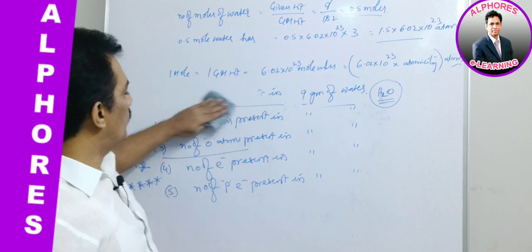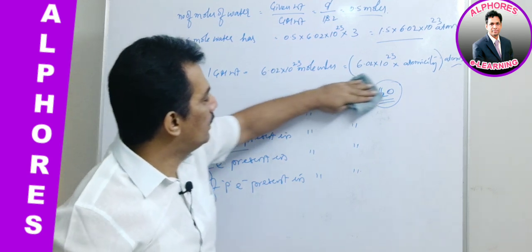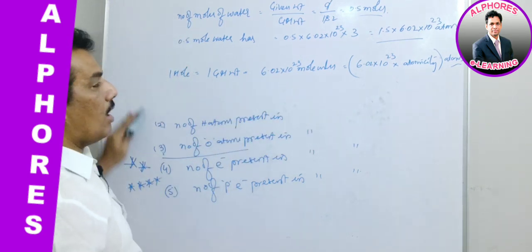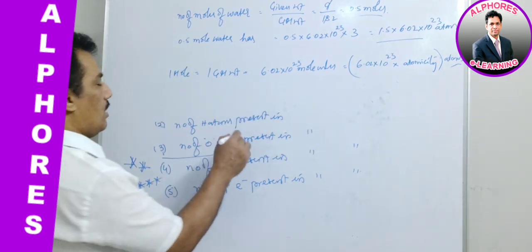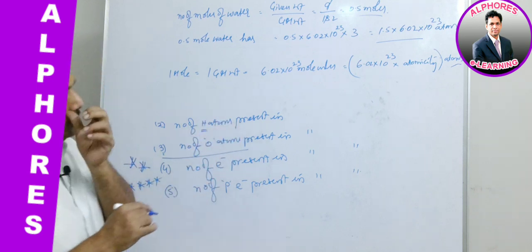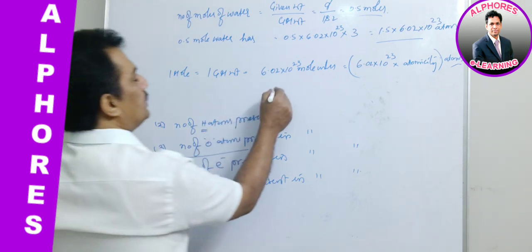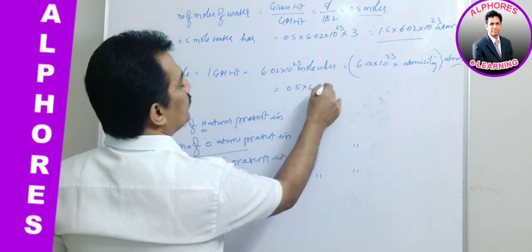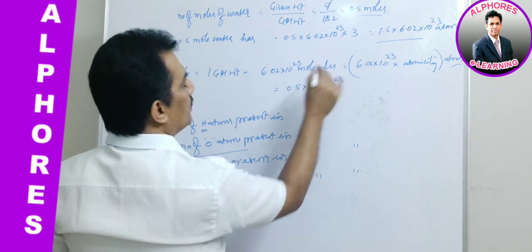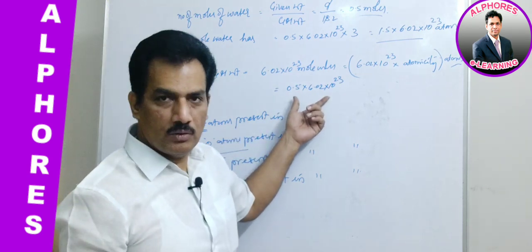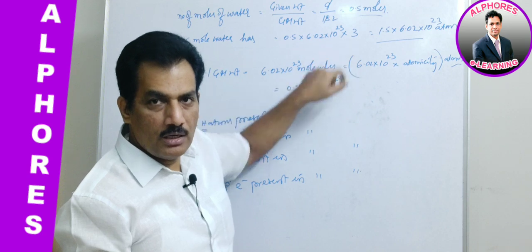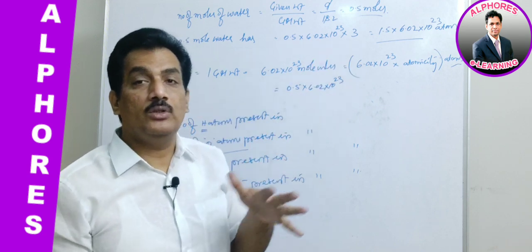Now let us move to the next question. Here they are asking not all the atoms, just hydrogen atoms. Then how to do it? It is 0.5 moles into 6.02 into 10 to the power of 23. Till this we are getting molecules, but previously they asked the total number of atoms, whereas here they are asking only for hydrogen atoms.